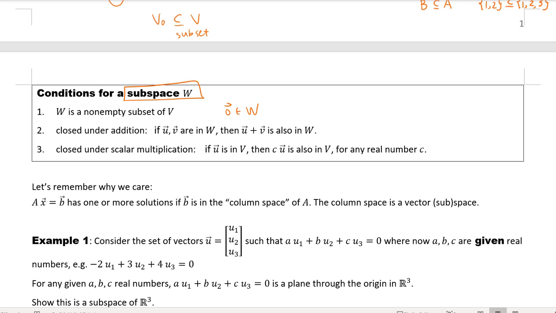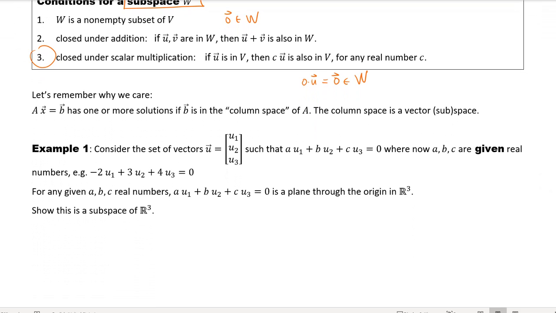You can think of it this way: because of closed under scalar multiplication, we can let the scalar c be 0, then 0 times any vector is the 0 vector, so it has to be in W to satisfy this condition.